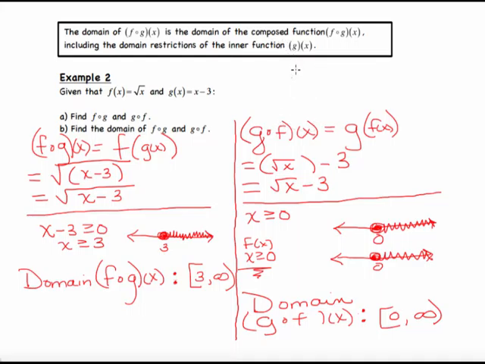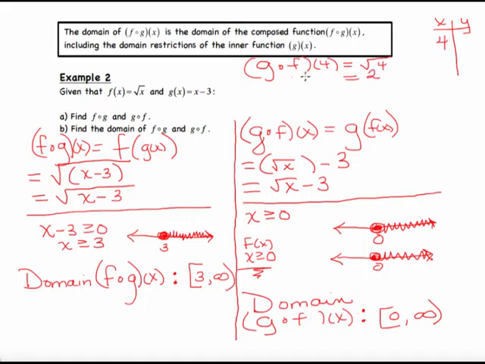If I were to say, let's find g of f of 4, and you were to do a little xy table, and you put in a 4 for your composite function, then first you would really be substituting that 4 into f, and then that would look like the square root of 4, which is 2.